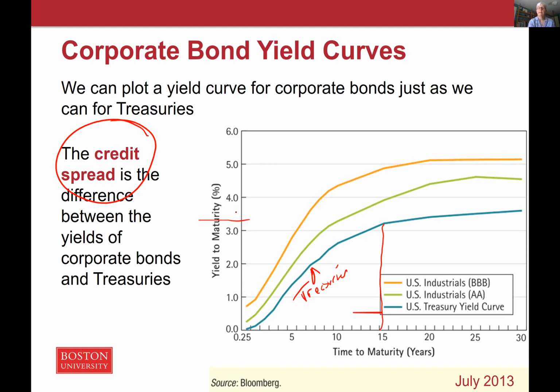And then we're looking at it and saying, okay, if you're a AA, your interest rate is going to be about 4%. So you're going to add about 0.8% to the risk-free rate in order to buy a AA bond. If you're going to buy a BBB bond, we're going to come all the way up here to about 4.75%. So now we've added about 1.5 points for all of this extra risk.